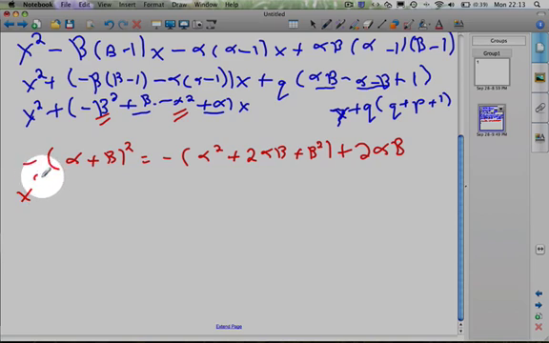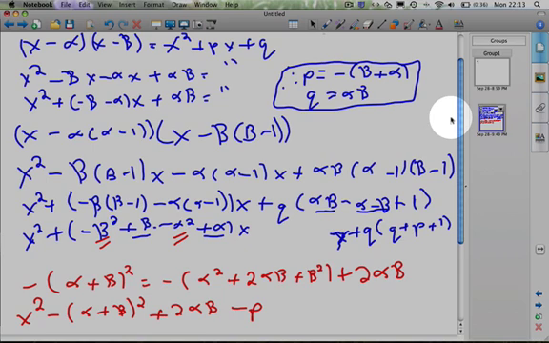x squared minus alpha plus beta squared plus 2 alpha beta minus p. And the minus p comes from this here. Plus beta plus alpha, and up above, that was of course here.